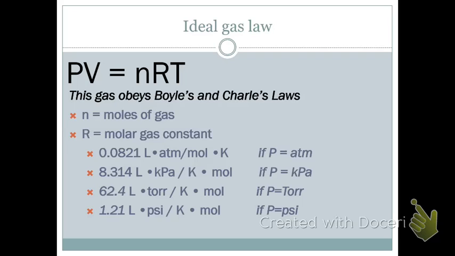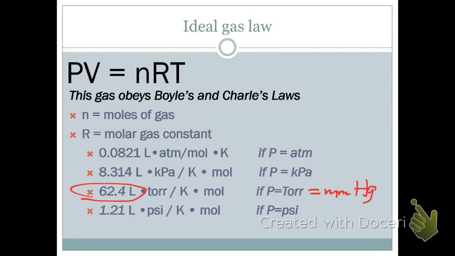Now remember that torr and millimeters of mercury are pretty much the same, so if I give you millimeters of mercury, they're both going to use this 62.4.